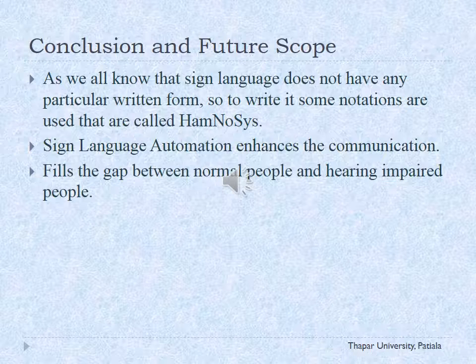So it plays an important role to fill that gap as sign language doesn't have any particular written form, so some notations are used to represent sign language. Some of these are HamNoSys. HamNoSys is used as a phonetic notation which uses the hand shape, location, orientation and movement.